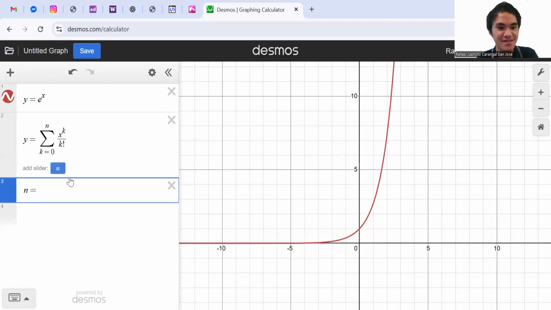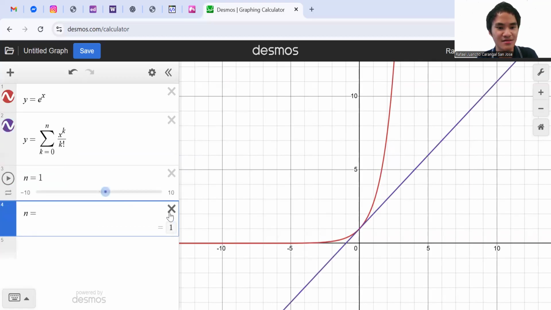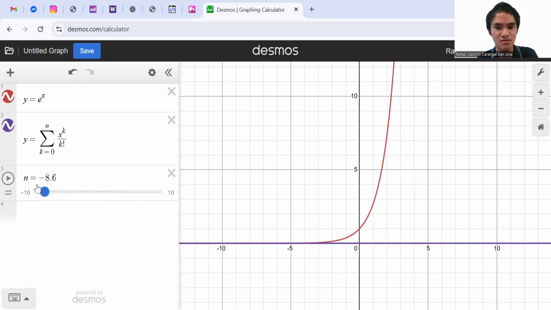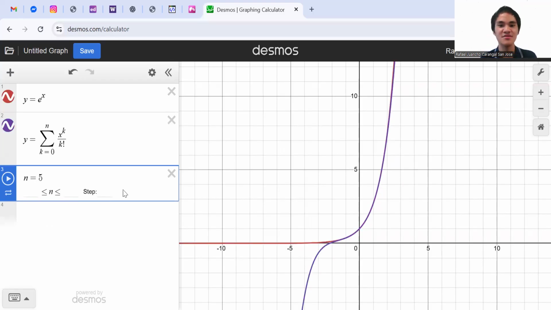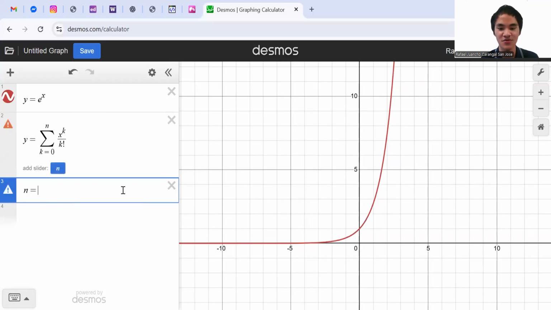So that's the idea, right? When you go negative, that's pretty bad. But maybe we need to play it out. Yeah, it's that idea, right? As we keep on going, we're getting better and better approximations until we go to infinity.